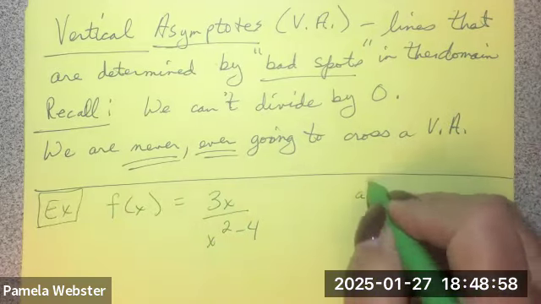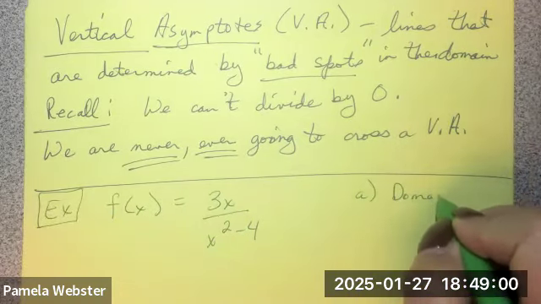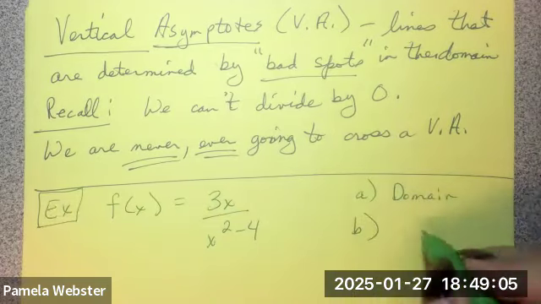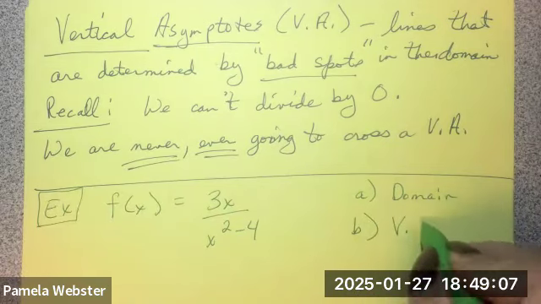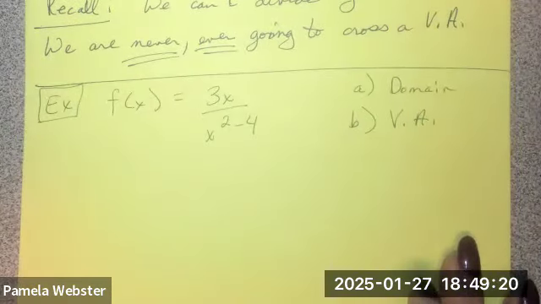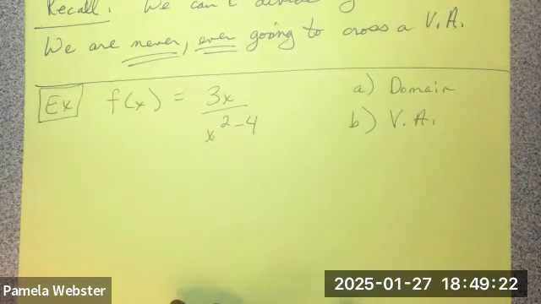The first one is we're going to find the domain. You've been doing that. We did that at the beginning of this semester. And then we're going to find the vertical asymptotes, right? Basically what I hope you realize when I do this is that these are basically the same thing. Finding the domain and finding vertical asymptotes, you are basically performing the same exact math.